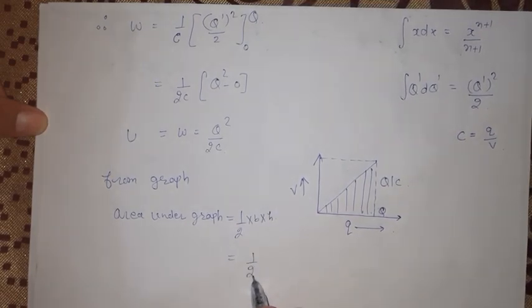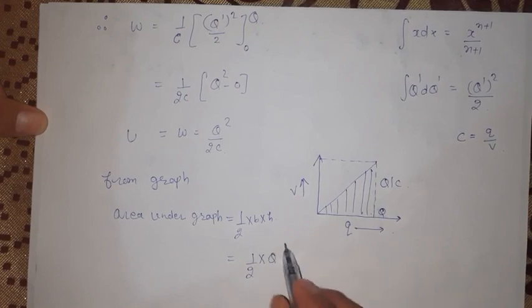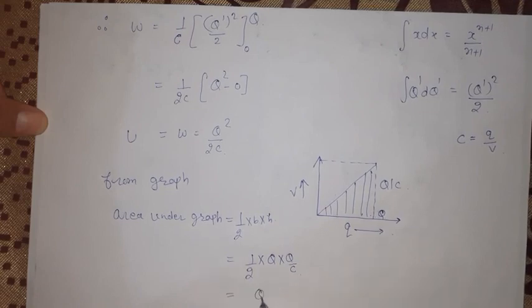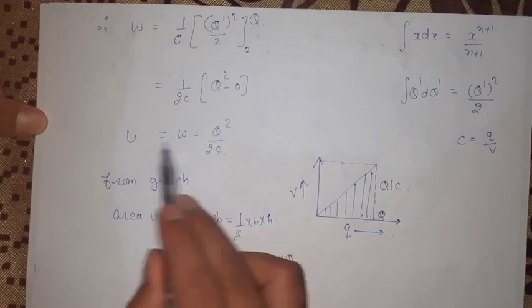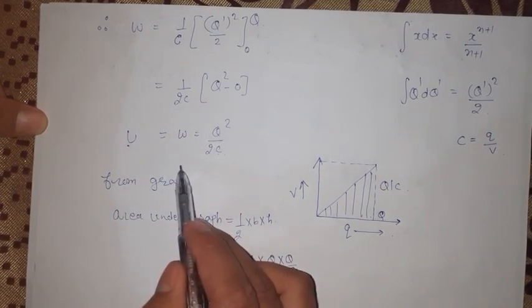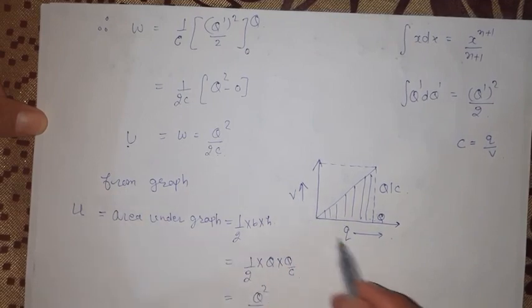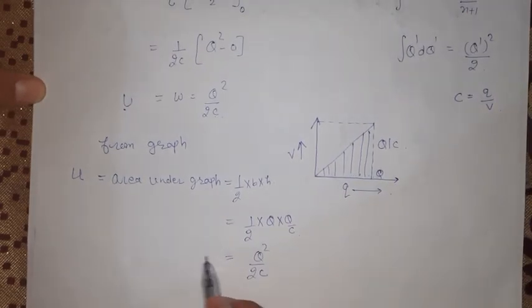Over here 1 by 2 is there, the base is Q, the charge, and the height is Q by C. So thus I get Q square by 2C. Now look, Q square by 2C is the potential energy stored. It means that the area under this VQ graph gives us the measurement of the potential energy.